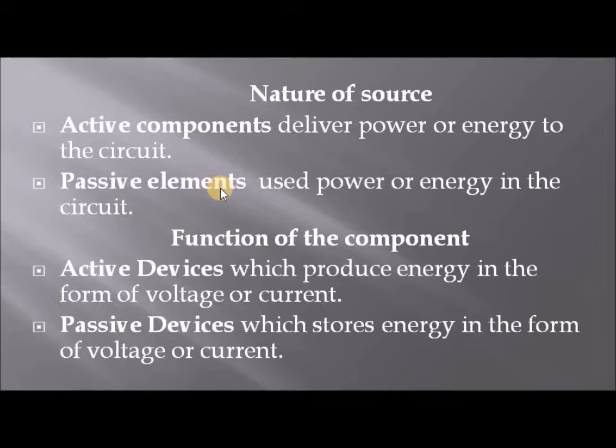Now let's go straight to the function of the component. Active devices produce energy in the form of voltage or current, while passive devices store energy in the form of voltage or current. So you can see that the difference between active and passive in terms of function is clear.